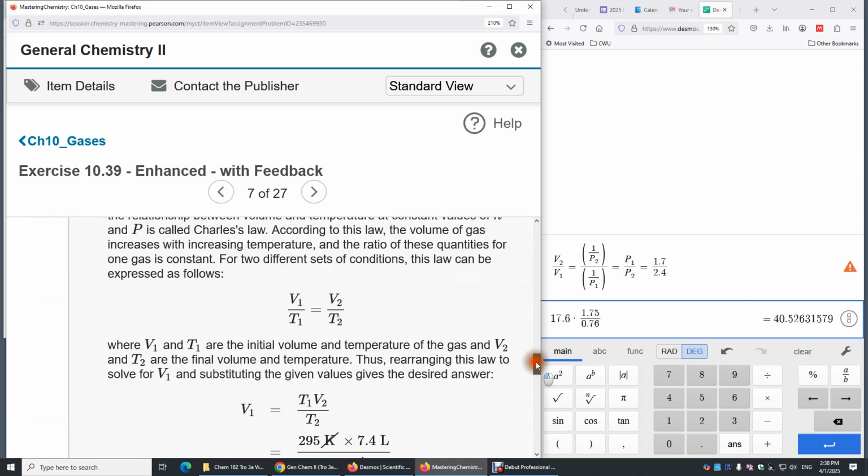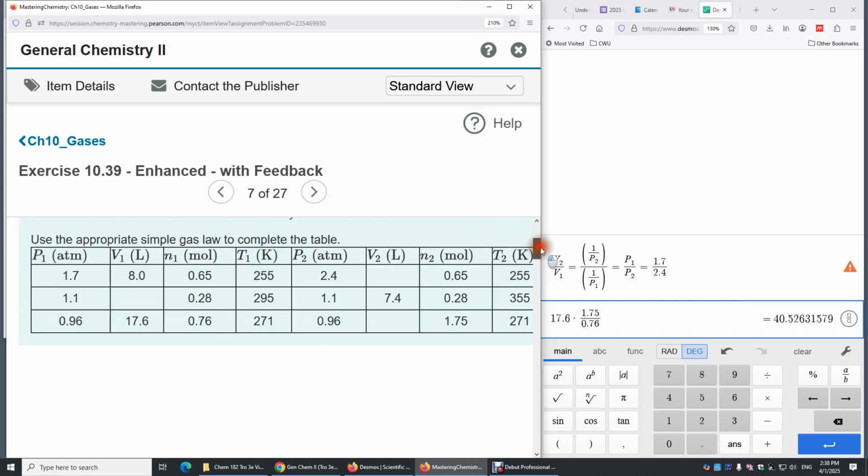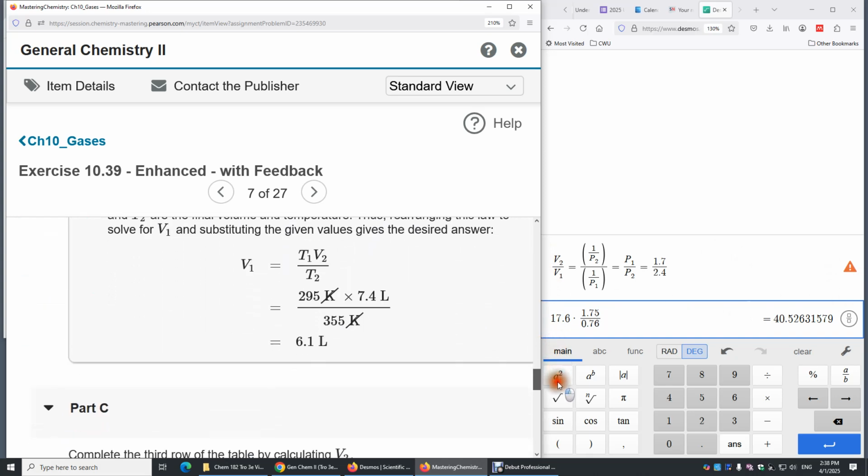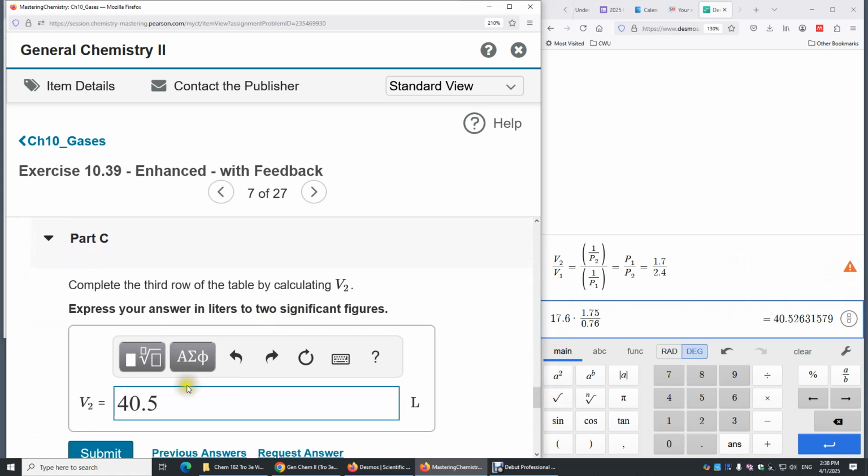This is incorrect. I need to double check the numbers. P1 equals P2. T1 equals T2. And we have 1.75 on top, 0.76 on bottom. I think the calculation is correct.